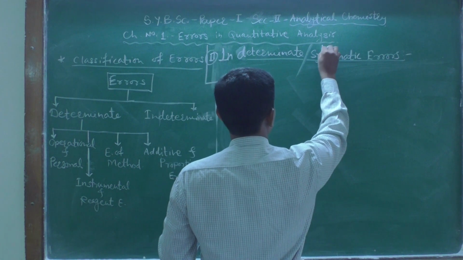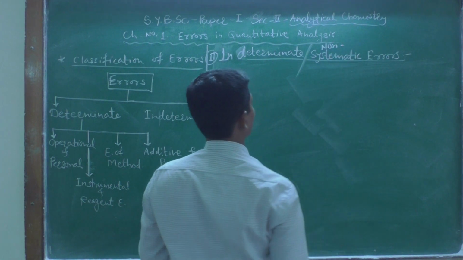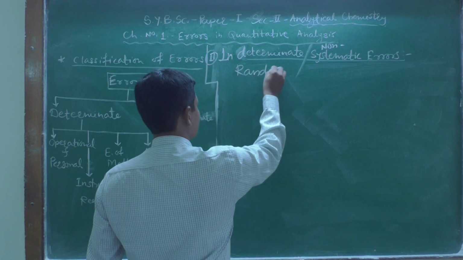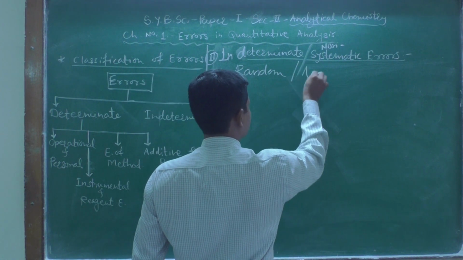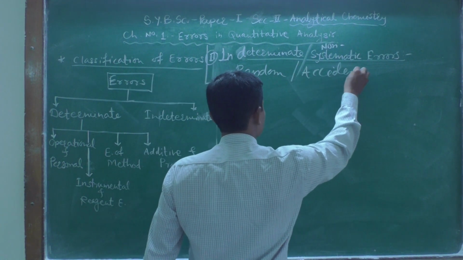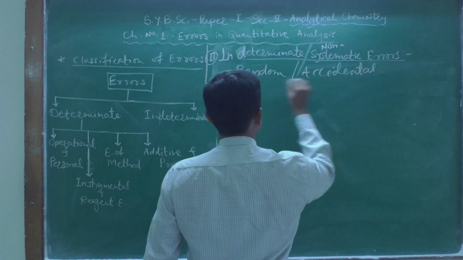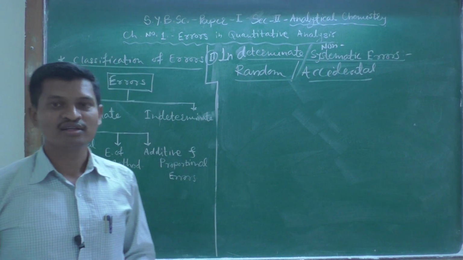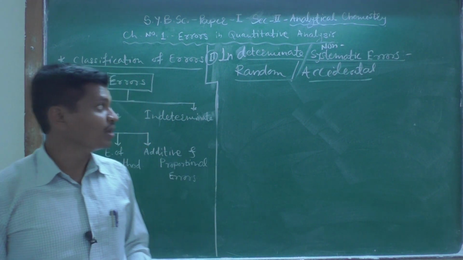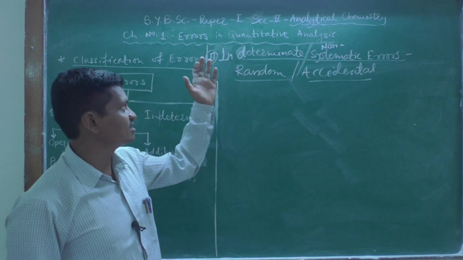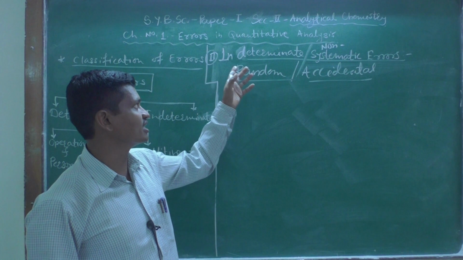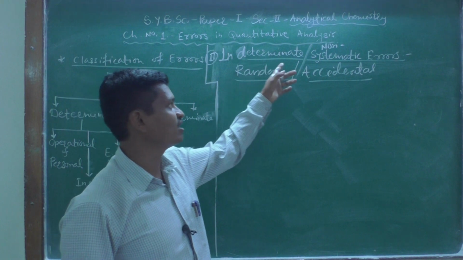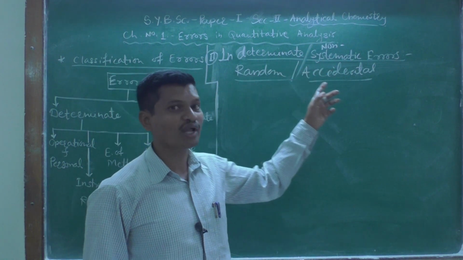They are also called non-systematic errors, random errors, or accidental errors. So there are many names for these indeterminate errors. This is the second main class of errors: indeterminate or non-systematic or random or accidental errors.